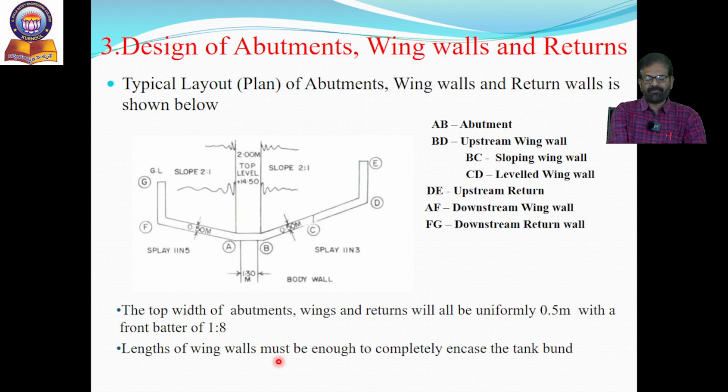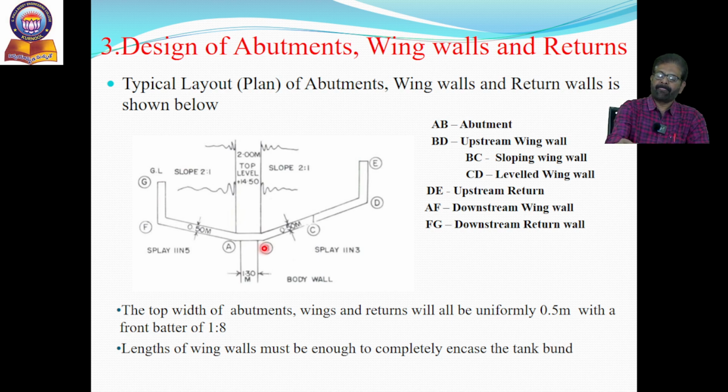And the length of wing walls must be enough to completely enclose the tank. We have to provide this wing wall on both sides, upstream side and downstream side, and by satisfying this condition, we need to provide the lengths of the wing walls. We have to consider the appropriate splays, and the length must be enough to completely encase the tank bund.